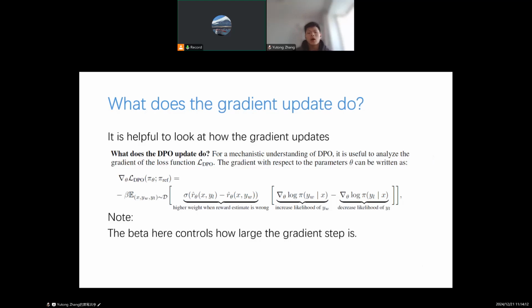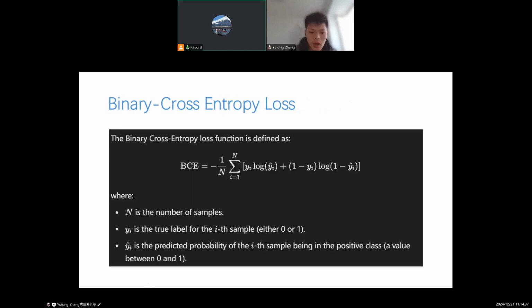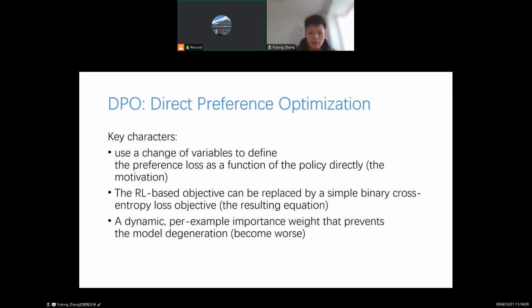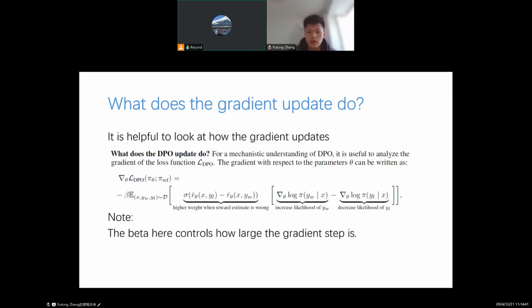So let's have a look at how the gradient update works, and we're going to know exactly what the model does when training. Basically, the first part here makes sure that the model gets a higher weight when the reward estimation is wrong, which is a dynamic, for example, importance weight, right?